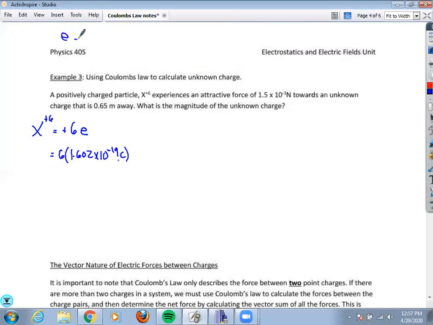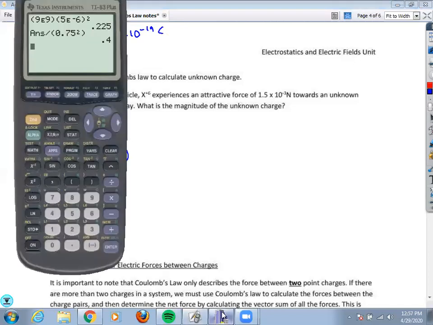Remember, e is the elementary charge, 1.602 times 10 to the negative 19 coulombs. So we need to get our coulomb charge right off the bat. So 6 times 1.602 times 10 to the negative 19, and we get 9.612 times 10 to the negative 19.